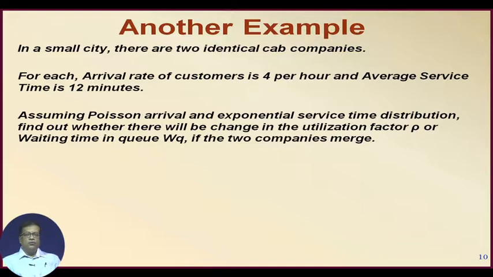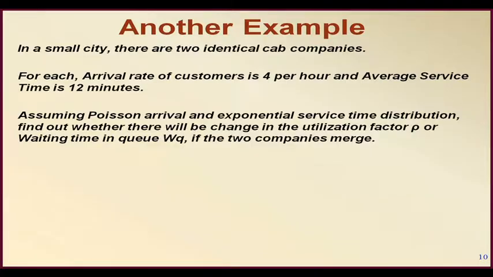You see, there are two separate cab companies, right? Customers call each at 4 per hour and their service time is 12 minutes. So, what happens when they operate individually and what happens when they pool their resources and serve as one company?